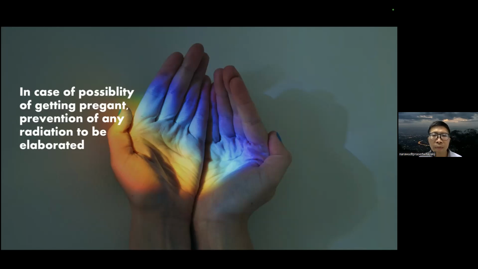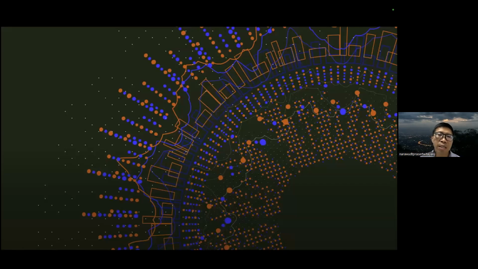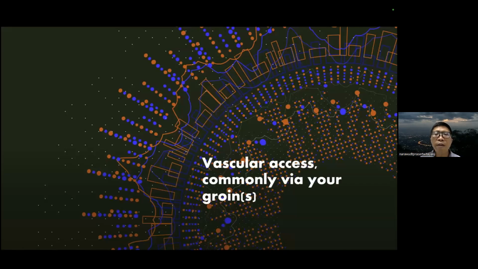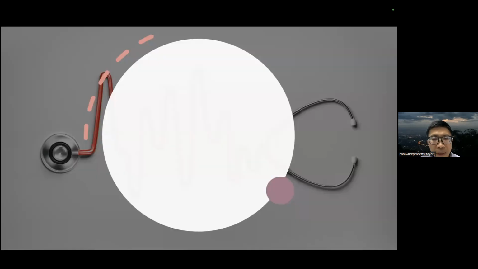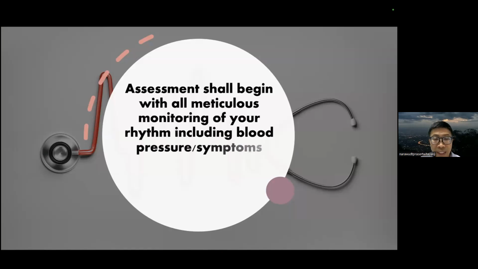In case of possibility, please don't hesitate to give us that information as well. Local anesthesia is strongly needed, and we will give it to ensure your comfort. Then vascular access is made commonly through your groin, but other veins can be used as well.